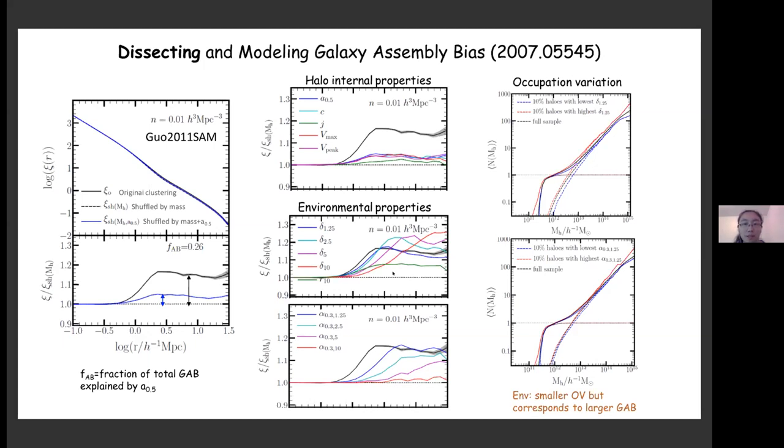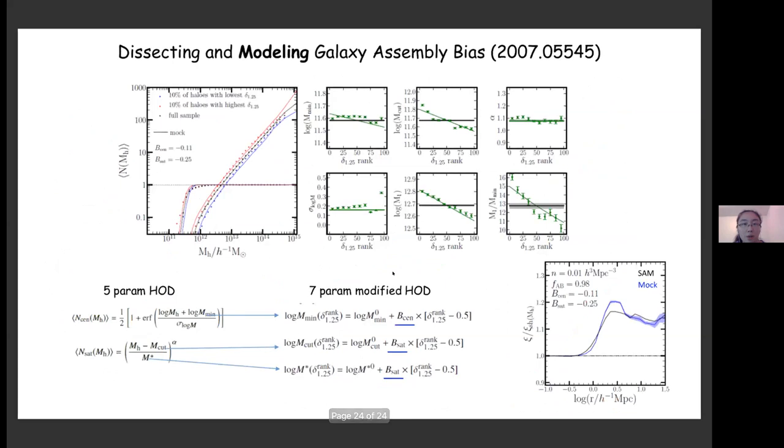Next slide, please. So here in our work, we modified the traditional HOD model to allow the parameters to change linearly with the environment. So here we add two additional parameters, b_cen and b_sat, which capture this linear change.